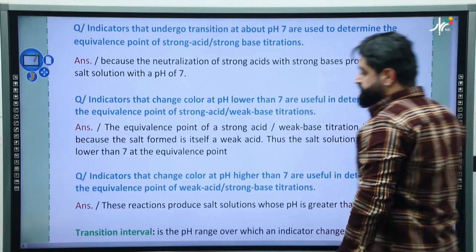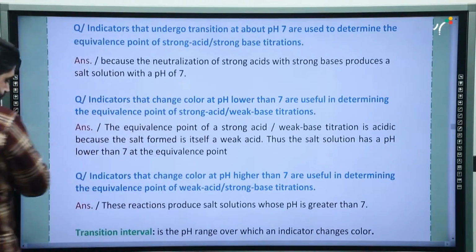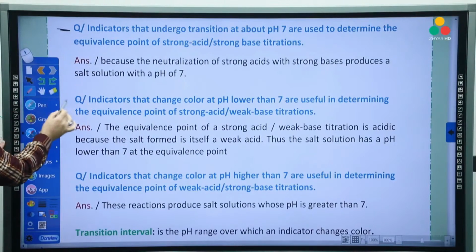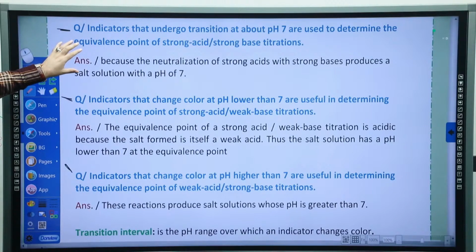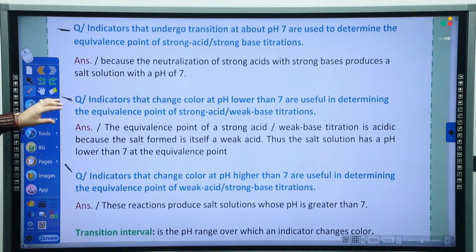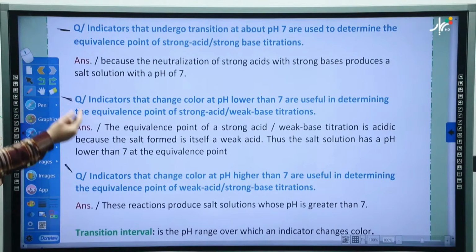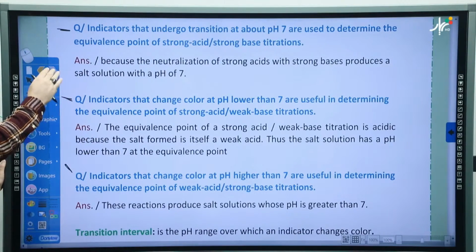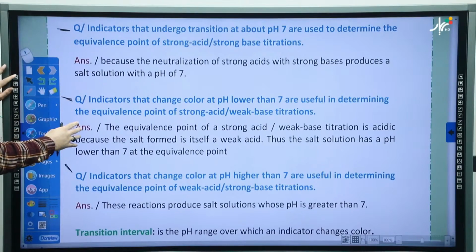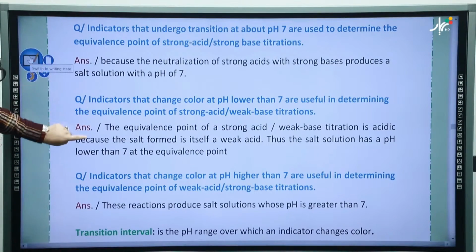Here we have 3 notes: 1, 2, 3. I have explained every single point in the following notes at the start of this video. Just return to the starting point of this video and you will get the idea about each of the following notes.